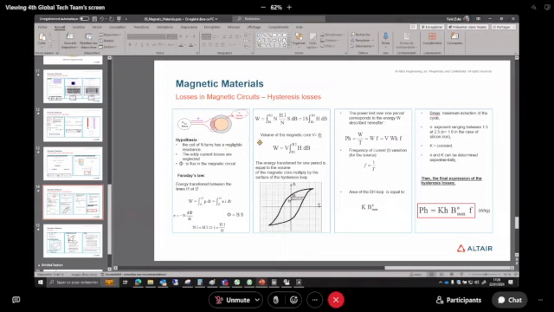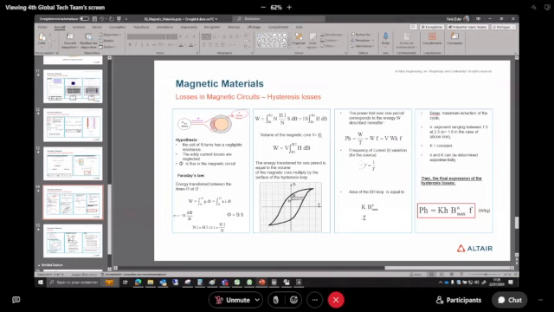Then the development will bring us to this expression of the magnetic energy, which is actually the integral of the loop directly. So this is the energy, and if we go to the power over a period, then we have the integral of H dB over a period. Then the inverse of the period is equal to the frequency.